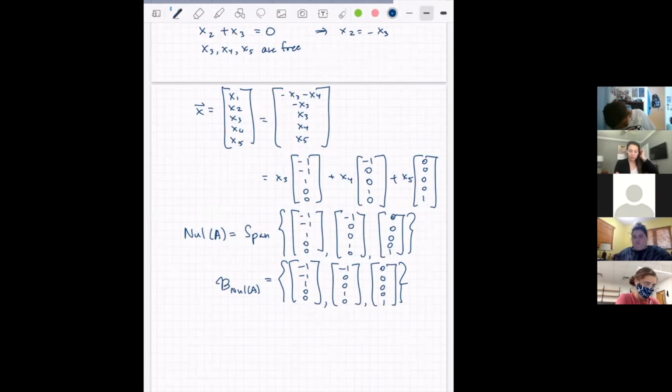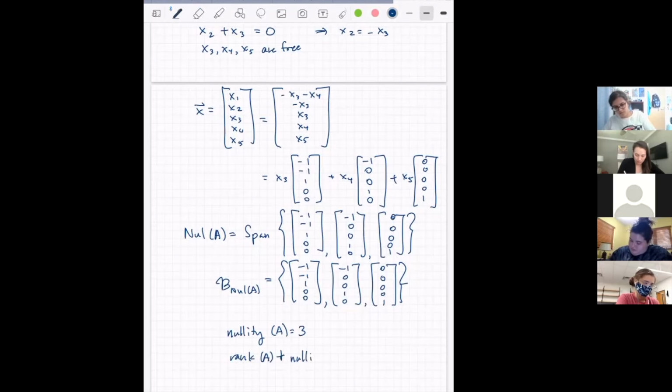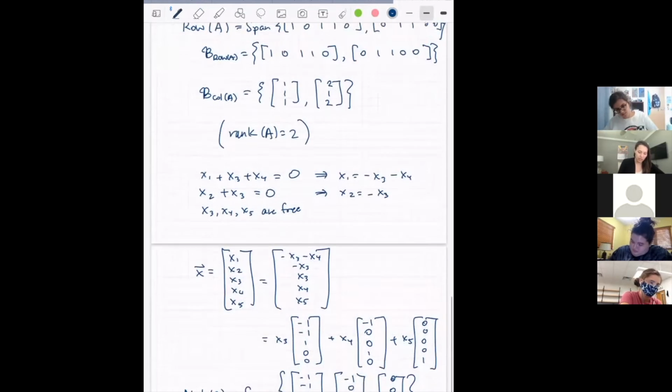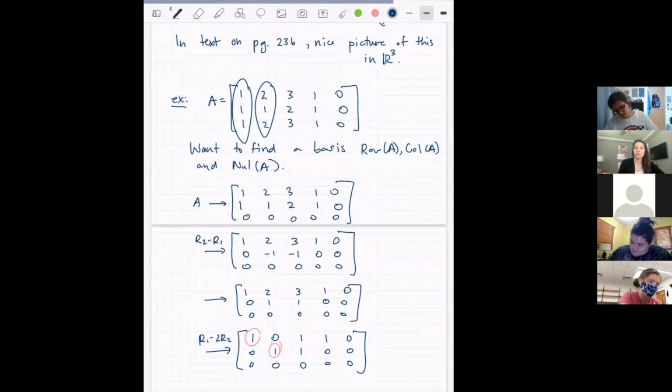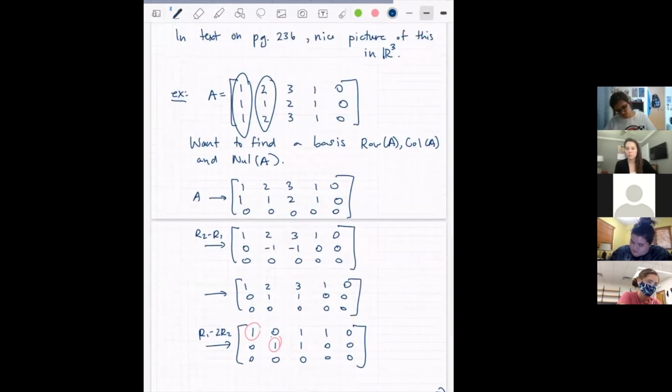Yep. And then we can double check: there are three vectors in the basis of the null space, and so the nullity of A is equal to 3, and the rank plus nullity is 2 plus 3, which is 5, and 5 is the number of columns of our original matrix, right?